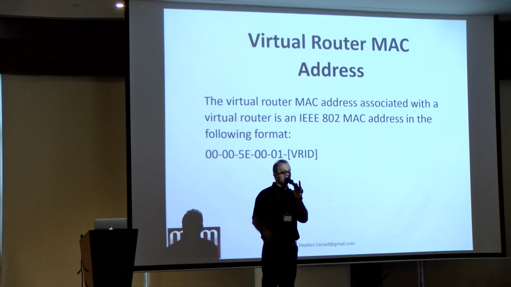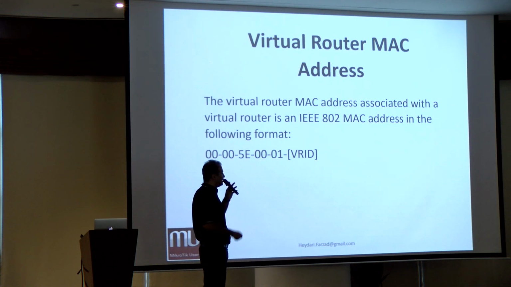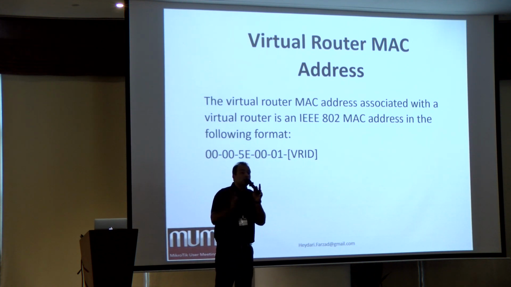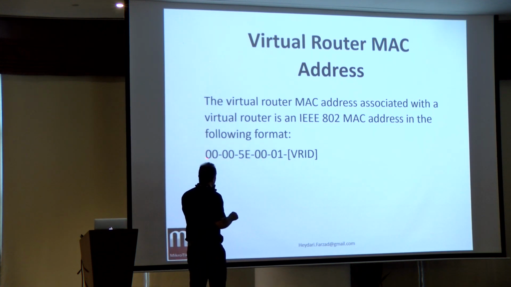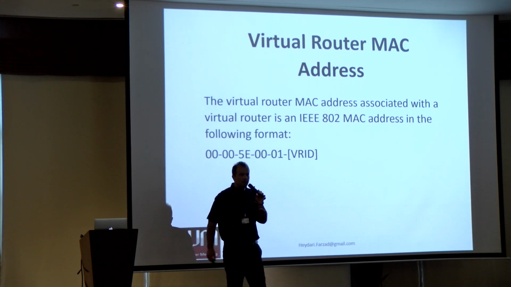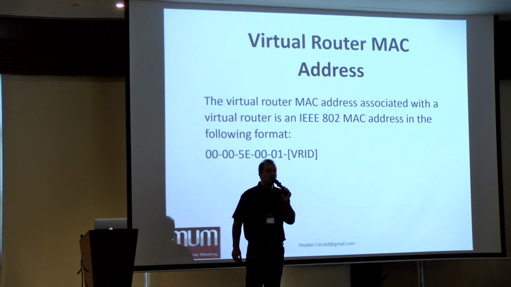This is the standard MAC address. As you can see here, this MAC address is assigned to a virtual interface that is created by MikroTik. Here you can see this MAC address. This is a VRID. Do you remember what my VRID was? It was 9.